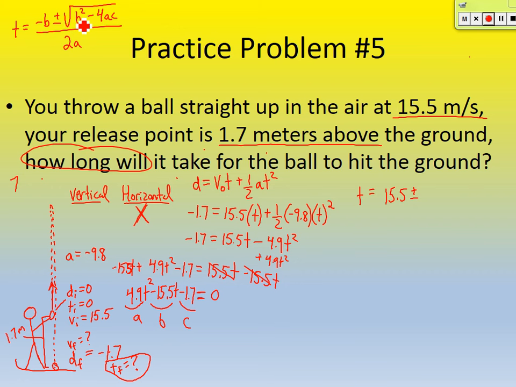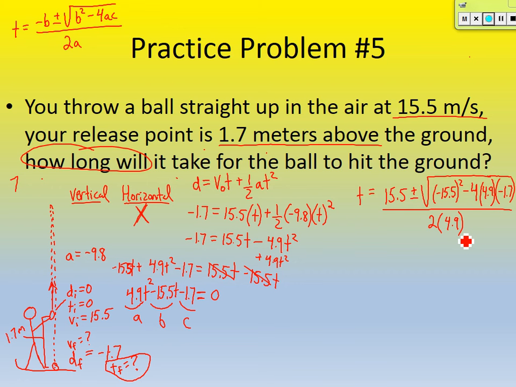We've got b squared, so minus 15.5 squared, minus 4 times a, our a term was 4.9, times the c value, which was minus 1.7. All over 2 times a. So 2 times our a value, 4.9.